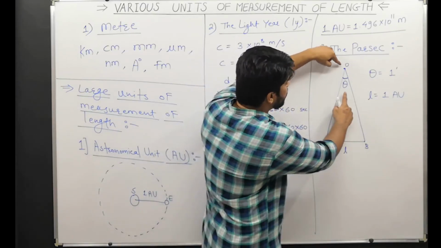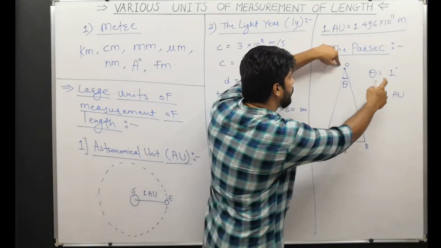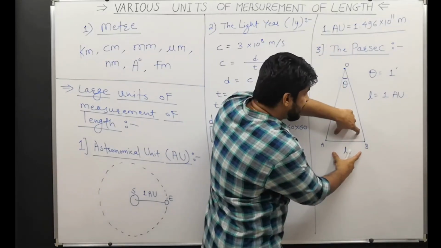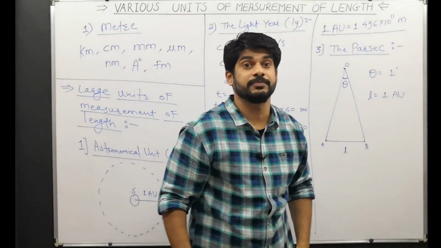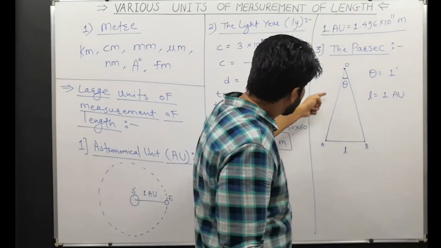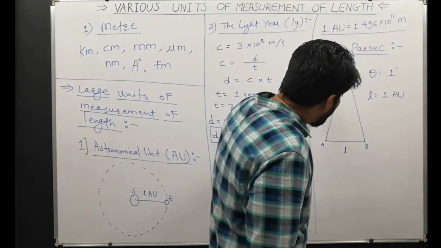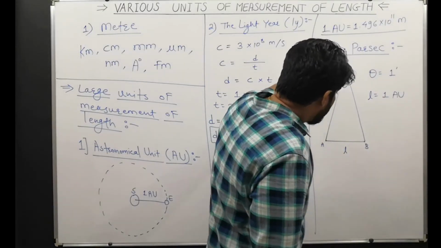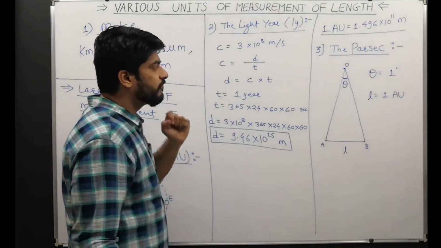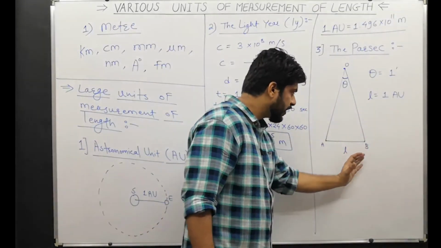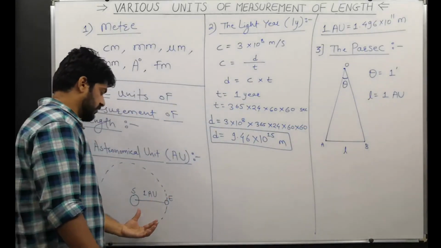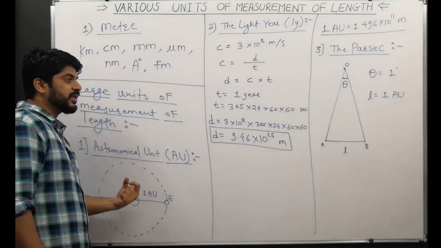If this parallax angle is 1 second and the length of the basis is 1 astronomical unit, then this distance is called a parsec. Now we can define this. If you look at this carefully, 1 astronomical unit is something that you will only see here, so this is taken as a reference.